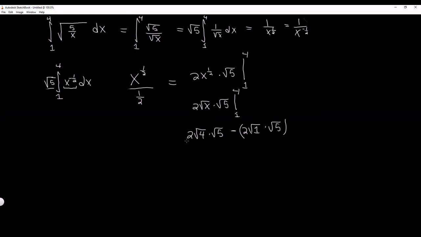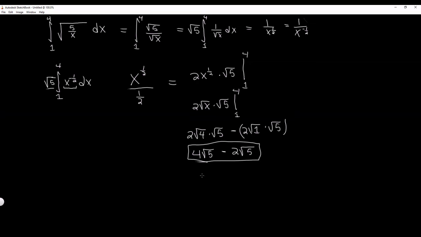If we do some simplification, the square root of 4 is 2, so 2 times 2 is 4. This will be 4 times the square root of 5 minus, the square root of 1 is just 1, so this will be 2 times the square root of 5. This is our answer, but we can further simplify it by subtracting our coefficients, 4 and 2.